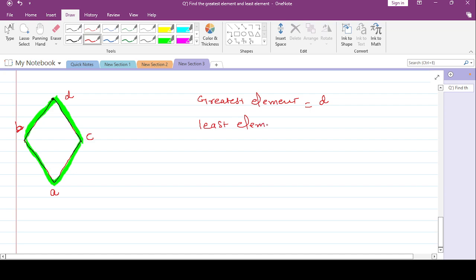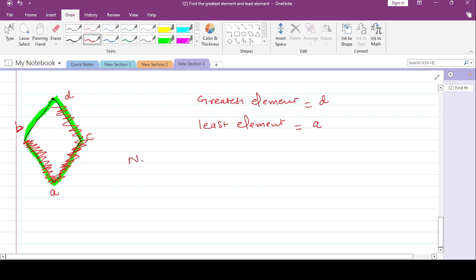You see that this element A has a relationship with B, with C. This A has also a relationship with D. So it means that this A maintains the relationship with all the other elements. So that is why the least element of this is A. Okay, so here greatest element and least element both exist.